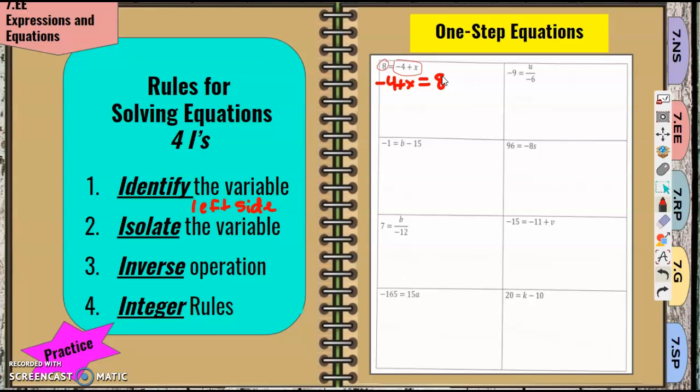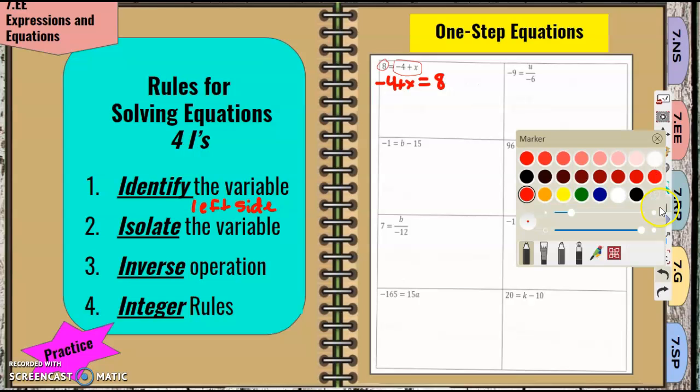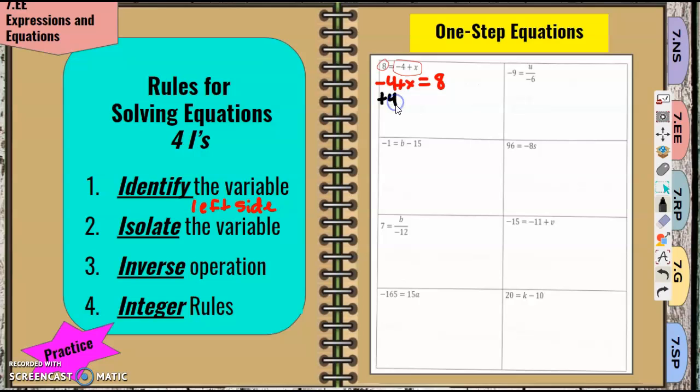Now, on the side with the variable, I have a negative 4. The inverse of negative 4, or the opposite of negative 4, is positive 4. So I'm going to add 4 to both sides. Negative 4 plus 4 is 0.